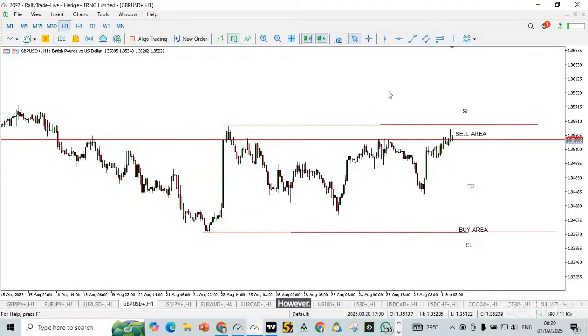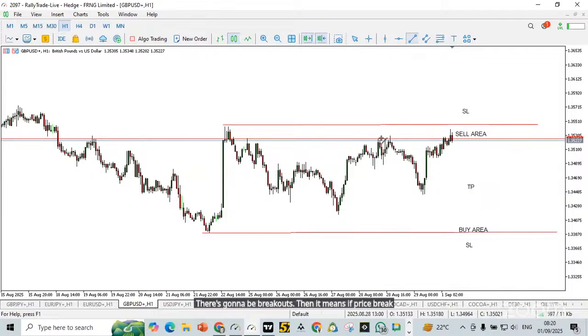However, what if there's a breakout? Very easily, if price breaks out of this resistance like this, if price goes above like this, immediately it breaks out, I don't intend to enter a buy immediately. What I will wait for is a pullback or retest. Then that will now become a buy area.